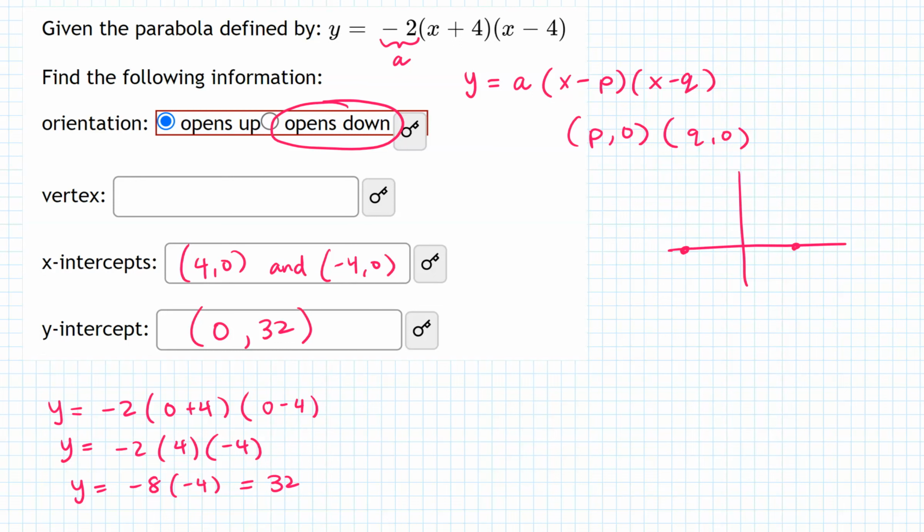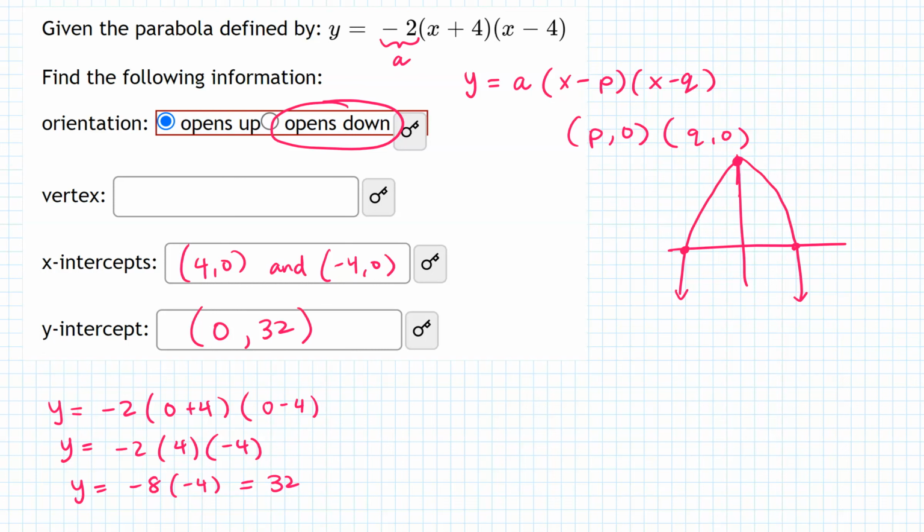And we know that the y-intercept is at (0, 32). I didn't leave enough space up here, but just pretend this y value here is 32, so it's going to look something like that.